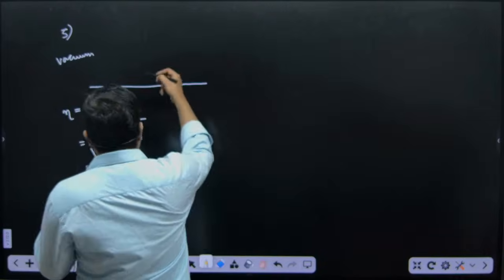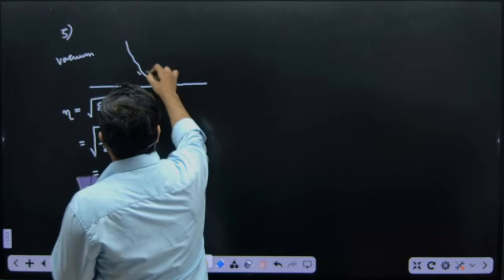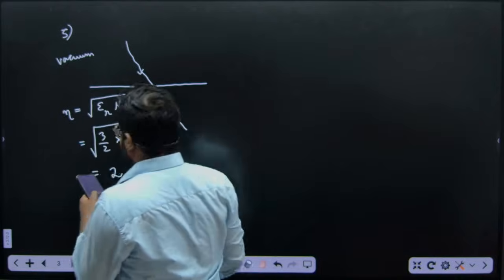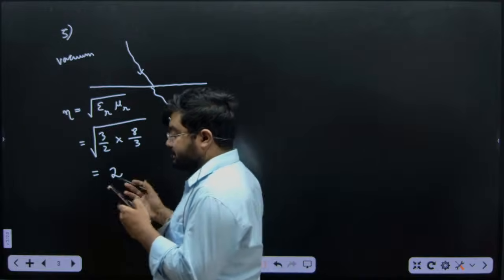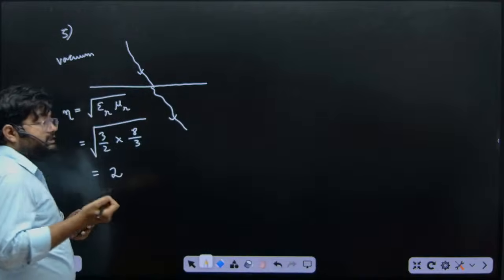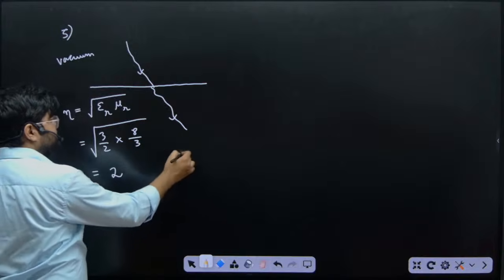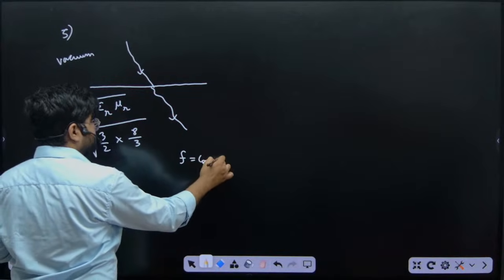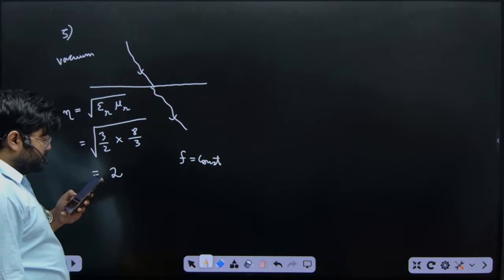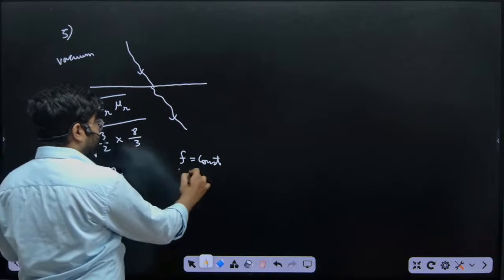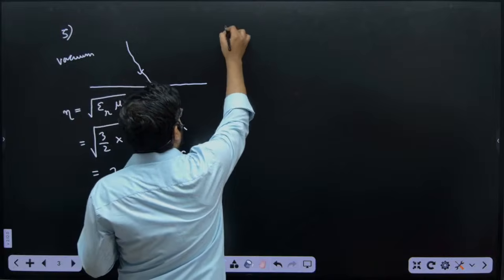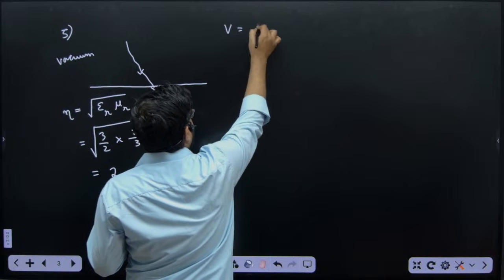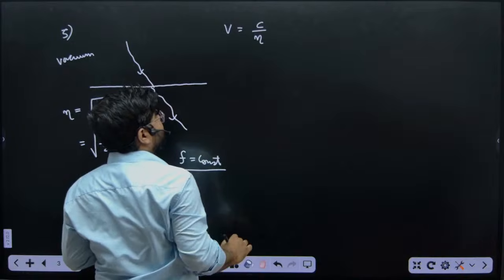Now the wave passes from vacuum to this medium. So what will happen to wavelength and frequency? You should know frequency only depends on the source, so frequency will remain constant. But wavelength will change as velocity changes. We know velocity is written as c by refractive index.